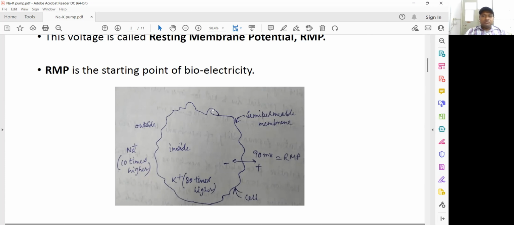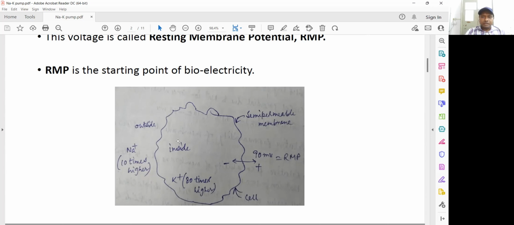Now, due to the semi-permeable nature of this membrane, not all the ions are allowed to enter the cell. Similarly, not all the ions are allowed to exit the cell. From the intracellular fluid, not all ions are allowed to go outside, and from the extracellular fluid, not all ions are allowed to enter inside.